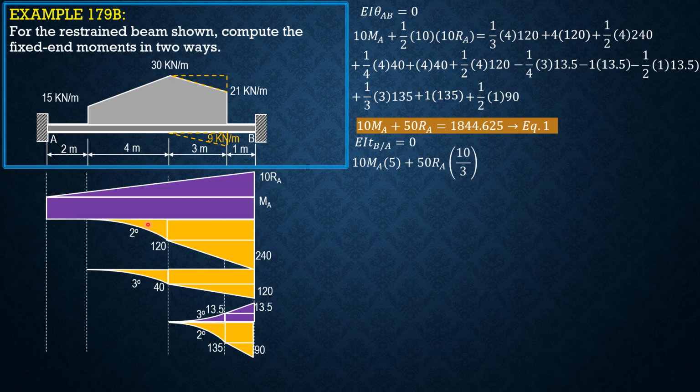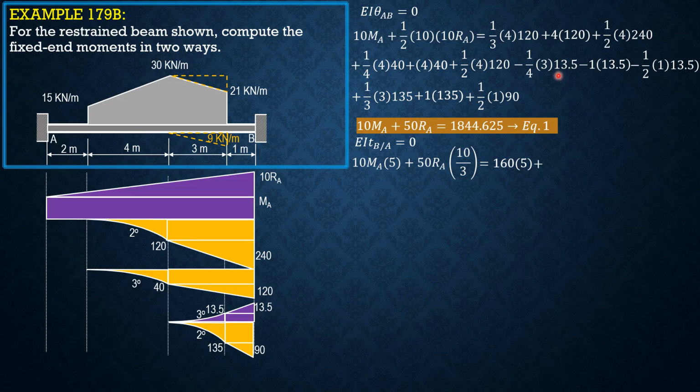So the moment arm, or the distance of the centroid of this curve from B, is 5. And the area is 1/3 of 4 times 120, that is equal to 160. So equals 160 times 5.